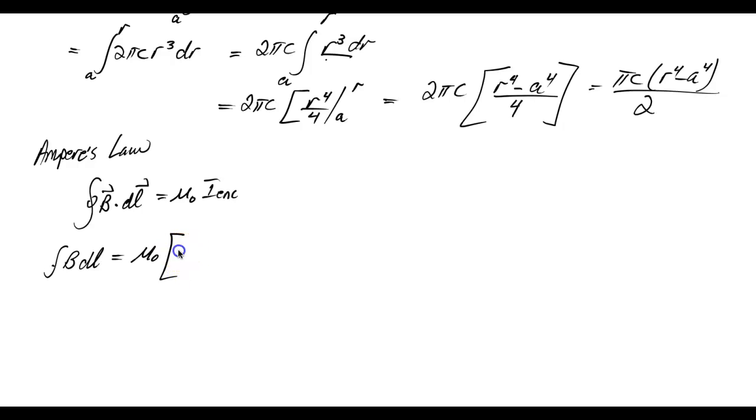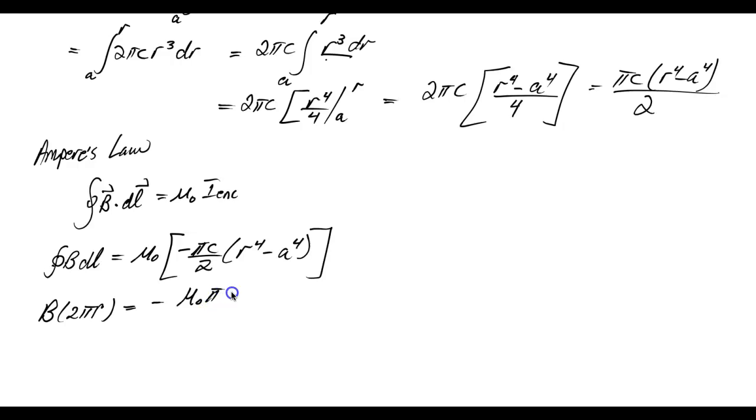Instead of I enclosed, we're going to put minus pi c over 2 times r to the fourth minus A to the fourth. And this becomes B times 2 pi r, right? Because the B can go out. Integral of dl is 2 pi r, it's the loop, minus mu naught pi c times r to the fourth minus A to the fourth all over 2.